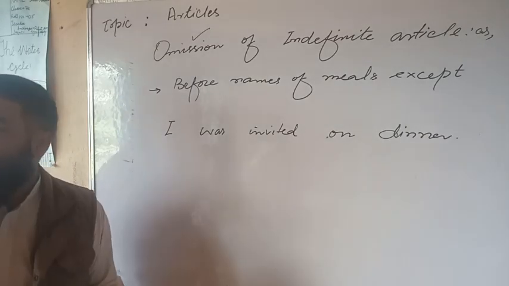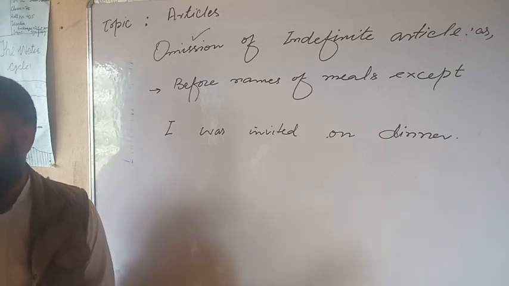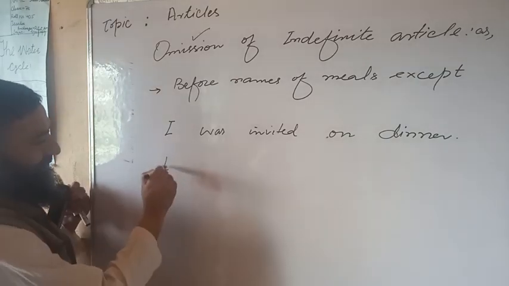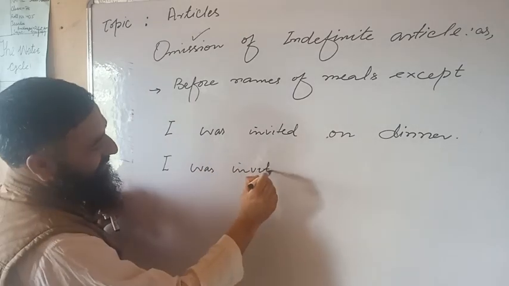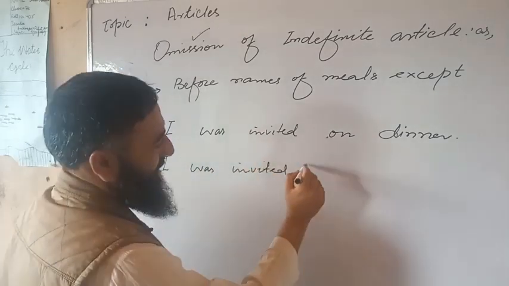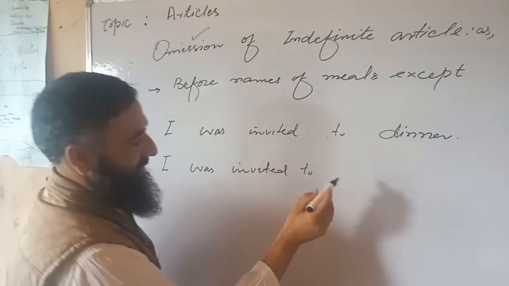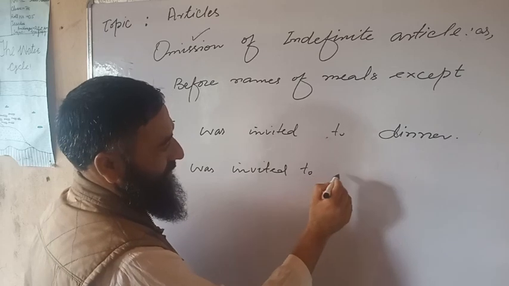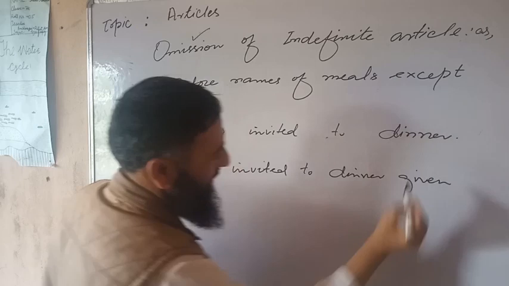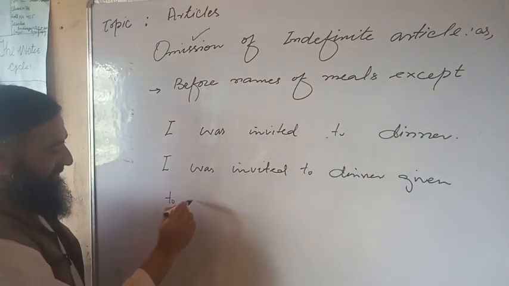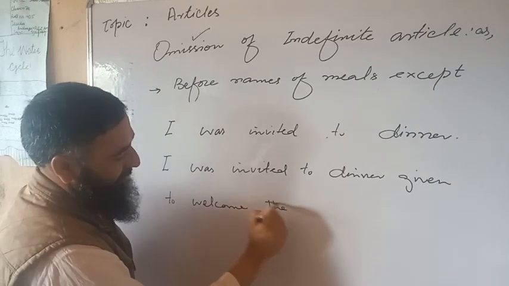But if it is a special meal, one that has been given to celebrate something or in someone's honor, for example, I was invited to a dinner given to welcome the new principal.